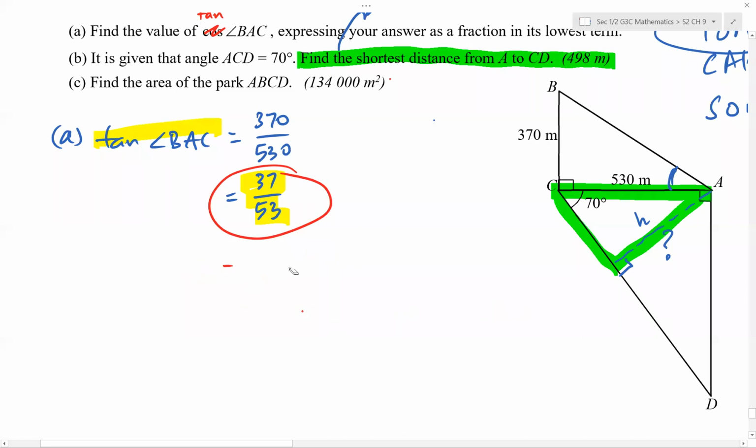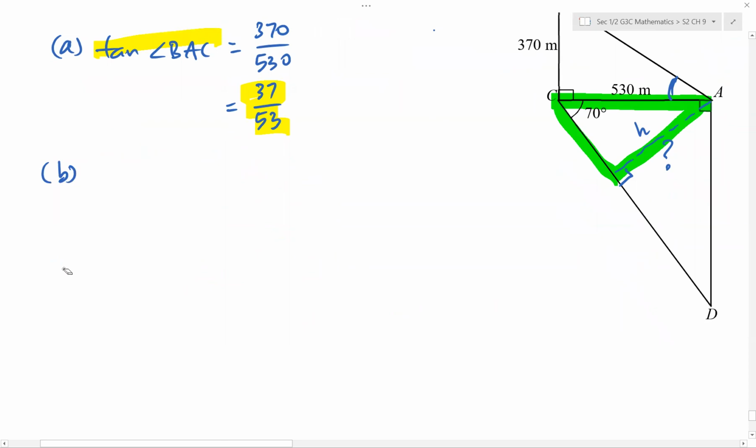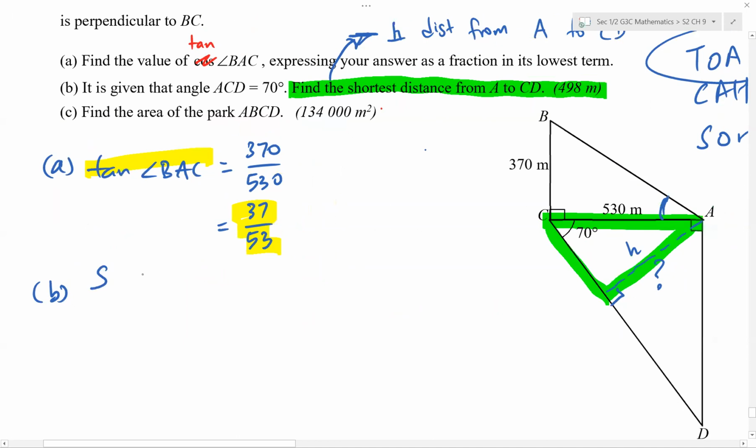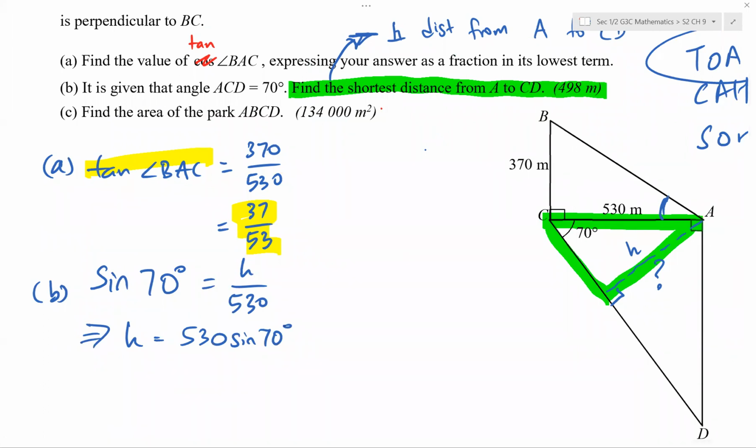So which is the trigo ratio that connects our opposite and our hypotenuse with the angle? Opposite and hypotenuse, SOH. So sine 70 degrees will be H over 530. With this, very easily you can solve and find the value of H, and get the answer, 498.037. Round off, 498 meters.